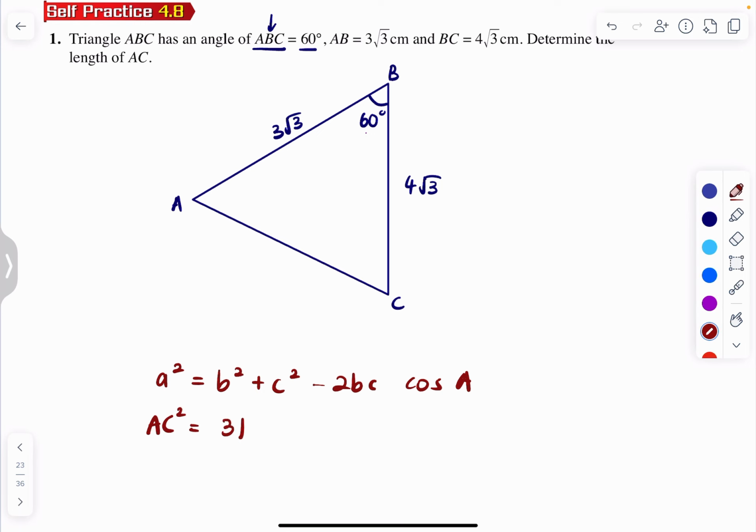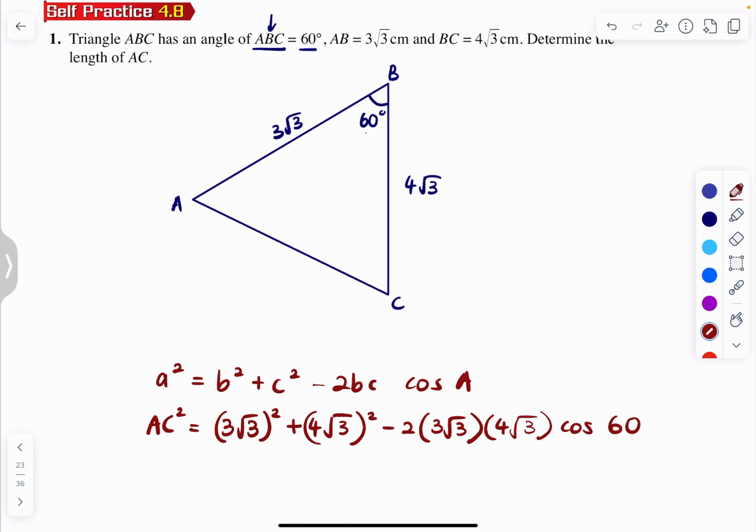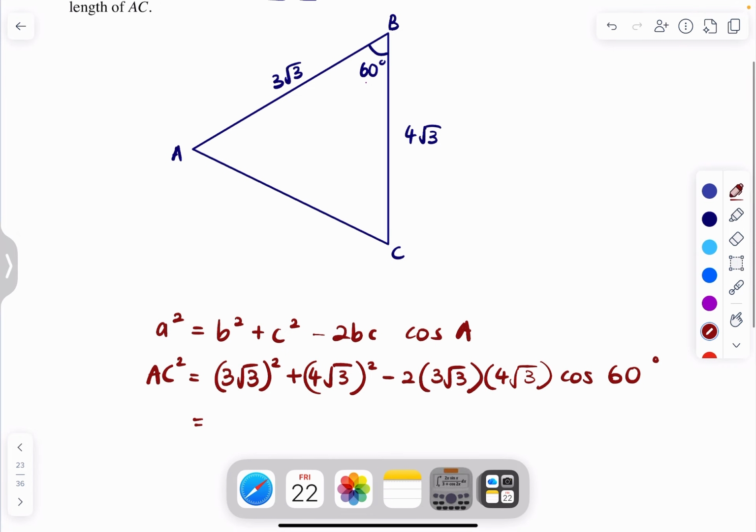So AC square equals 3√3 square plus 4√3 square minus 2bc cos 60, that is, minus 2 times 3√3 times 4√3 times cos 60. So you can just finish it up in one formula.